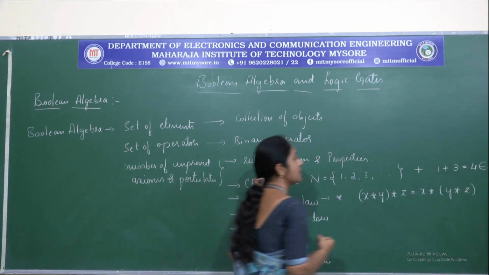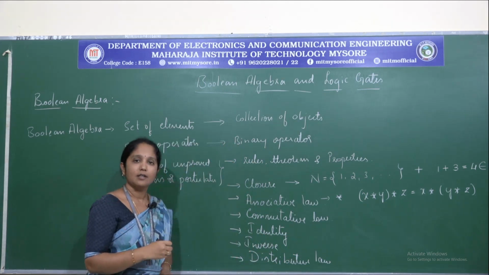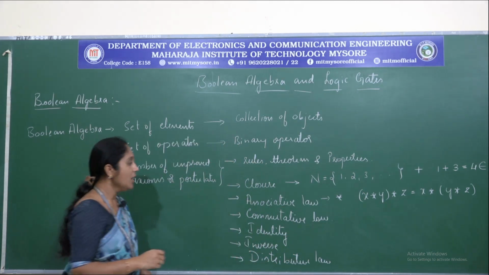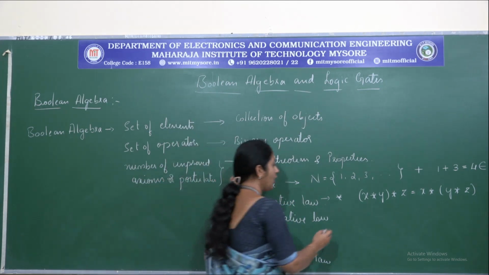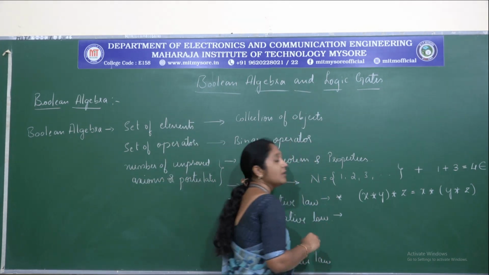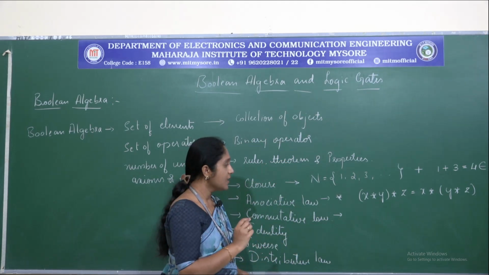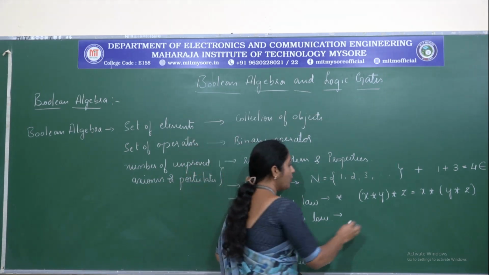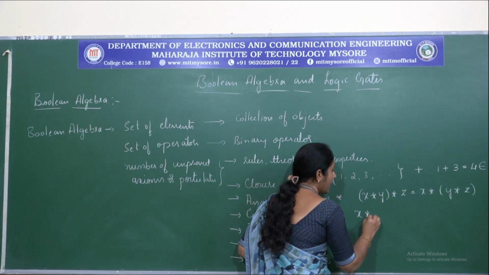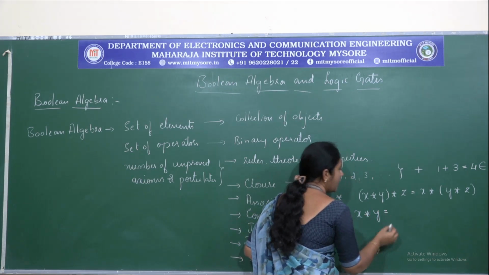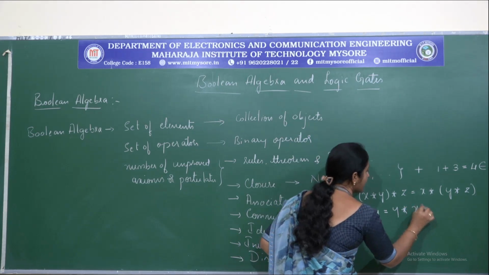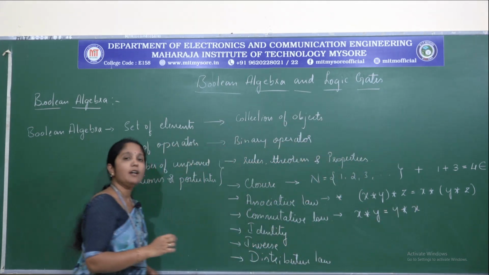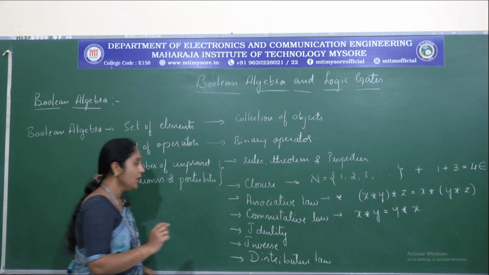Next is the commutative law. The binary operator star on a set S is said to be commutative if x star y is equal to y star x.